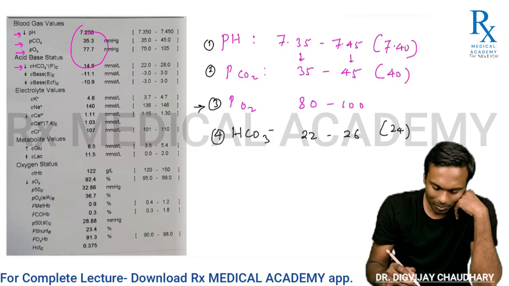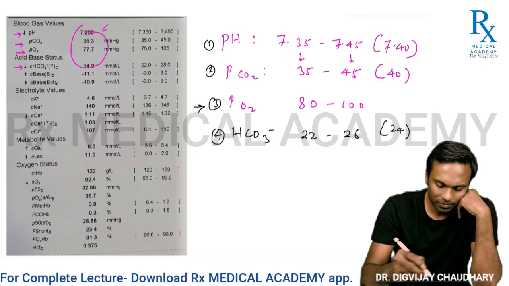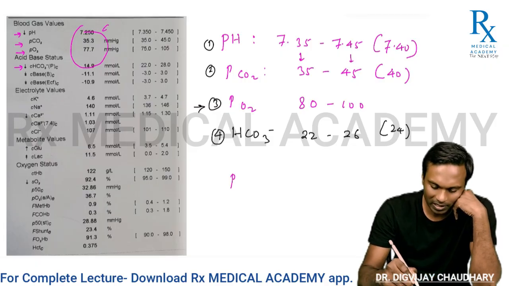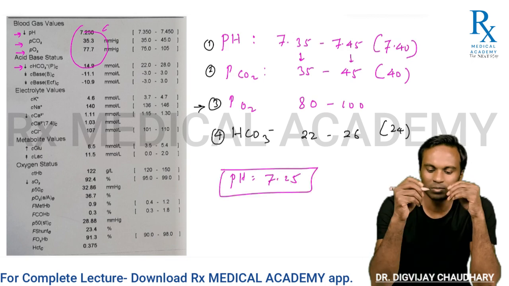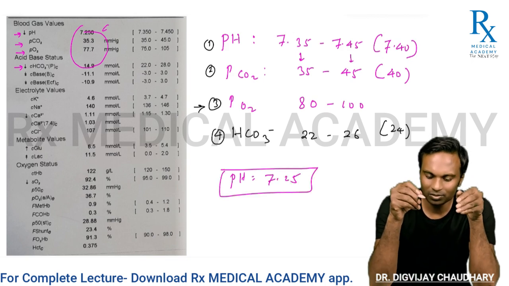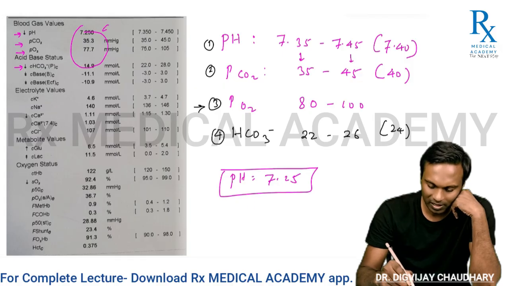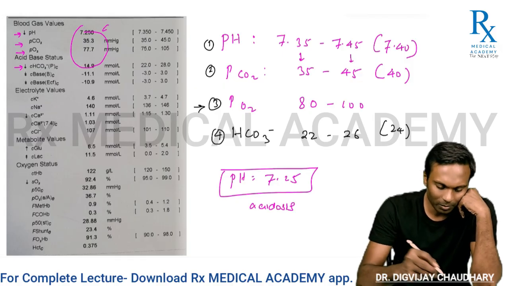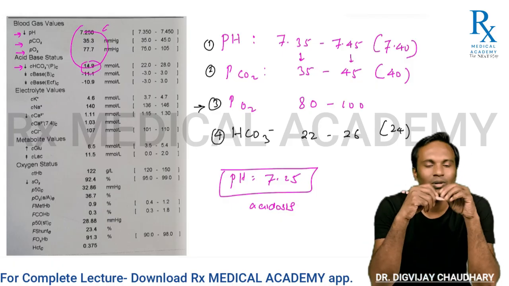So in this ABG, pH is not normal, right? In this particular ABG, pH is only 7.25. So this is not normal. This is below 7.35. Therefore, it represents acidosis. In this particular ABG, bicarb is lesser than 22.